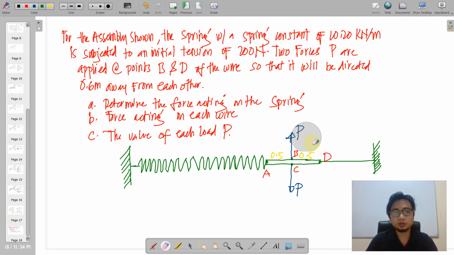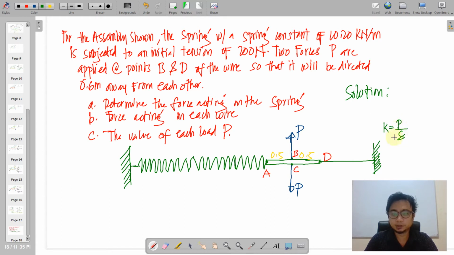Okay, so before we are going to draw the final position of this spring setup, let us determine what is the force in the spring initially and what is the final force in the spring, because that will be the basis of our calculation of our P. So knowing that we have a spring constant, recall that spring constant K is equal to P all over delta.